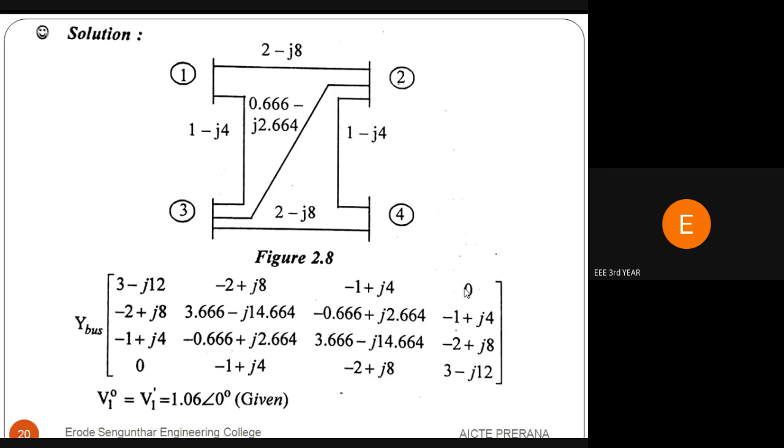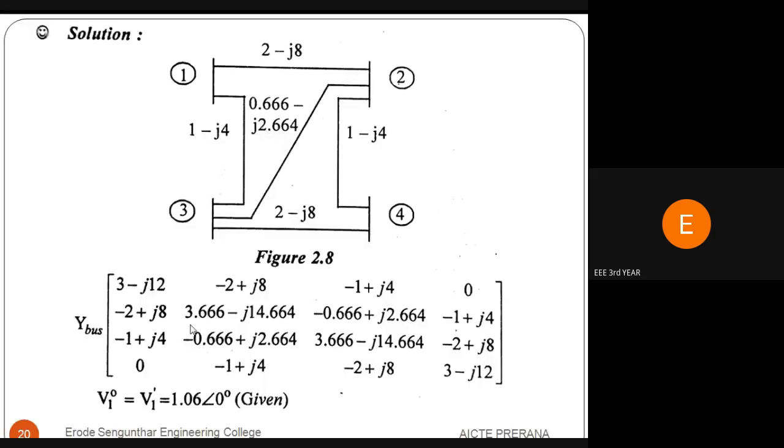Then the second row, starting with Y21, the common term between 2 and 1. For Y22, three admittances are connected with the second bus, so these three are added, the real and imaginary parts separately.